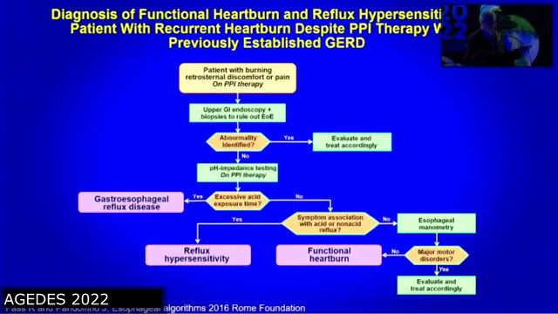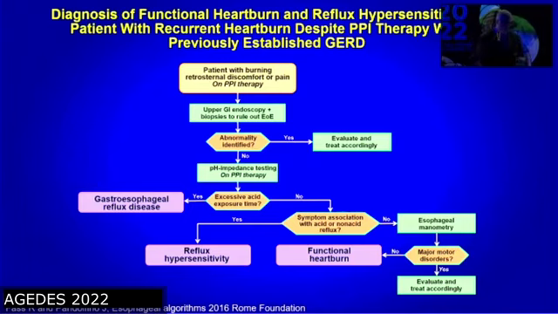How do we make a diagnosis of these disorders, especially functional heartburn and reflux hypersensitivity, in patients known to have gastroesophageal reflux disease? So the patient is not responsive to PPI. We do know that they have GERD because they've had an endoscopy in the past that showed erosive esophagitis, or if they had a normal endoscopy, somebody did a pH test and it was abnormal.